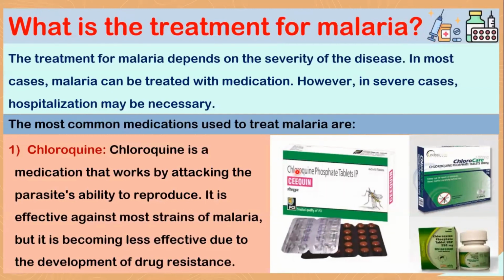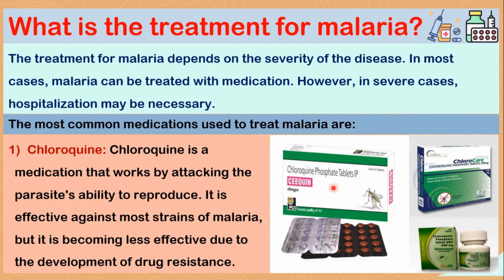Chloroquine is the oldest and most widely used antimalarial drug. It is generally safe and effective, but it can cause side effects such as nausea, vomiting, and diarrhea. Like I said, most doctors prescribe this drug.